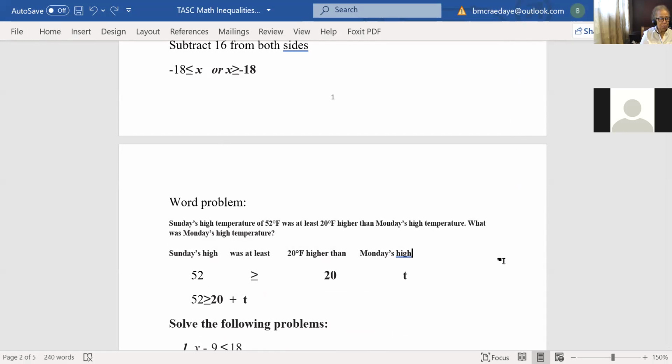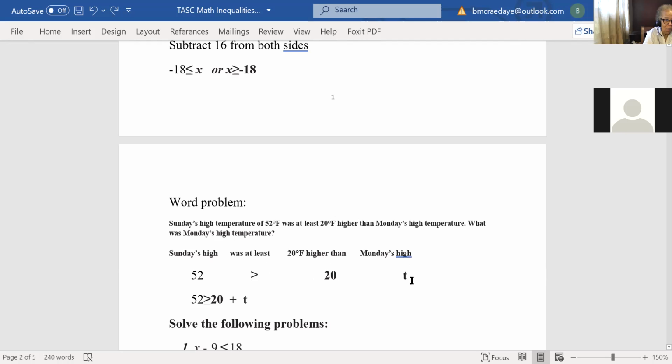Now, you can break this down and say Sunday's high was 52. At least means greater than or equal, right? 20 degrees Fahrenheit higher, that's the 20.